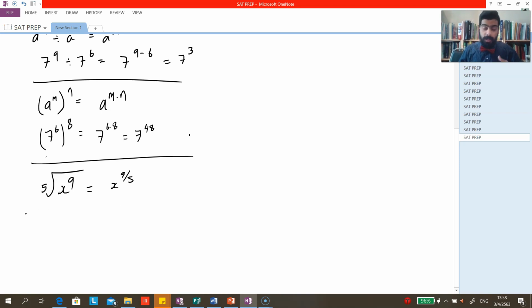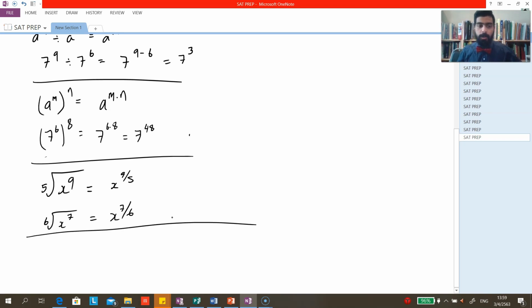In other words, if I have another question, the sixth root of x to the power of 7, this can be written as x to the power of 7 over 6. This is how we convert radicals to fractional exponents. So we write the exponents as a fraction.